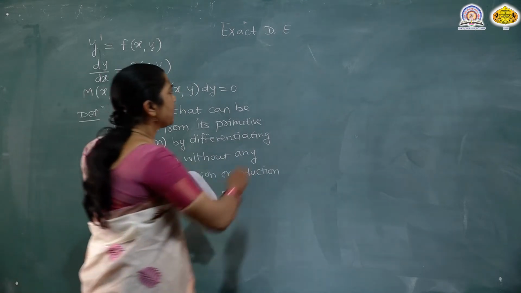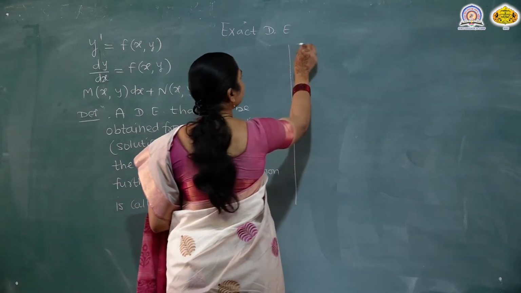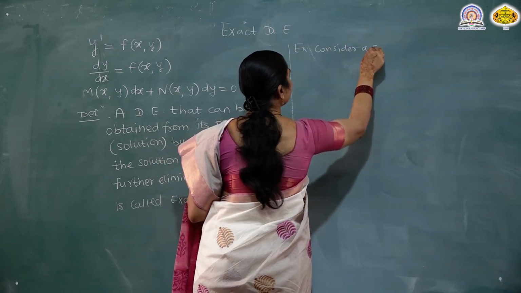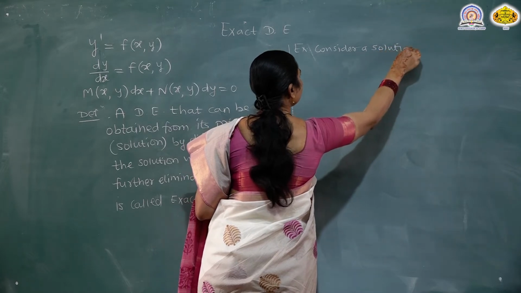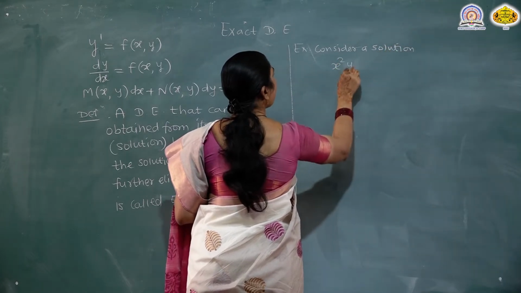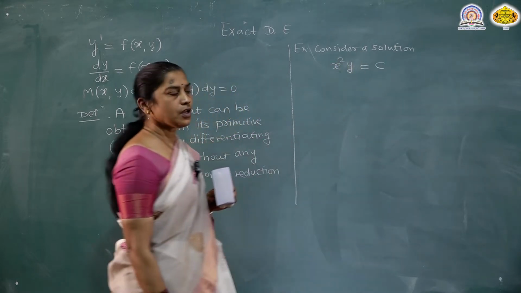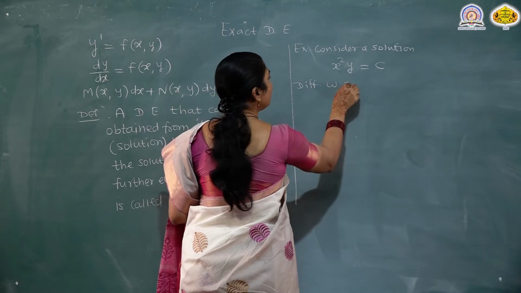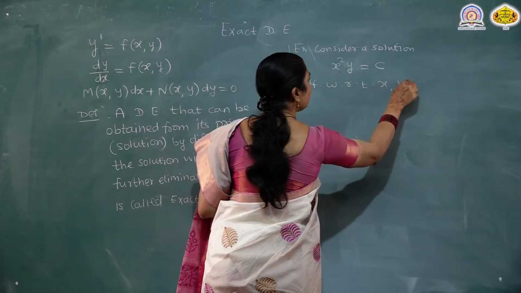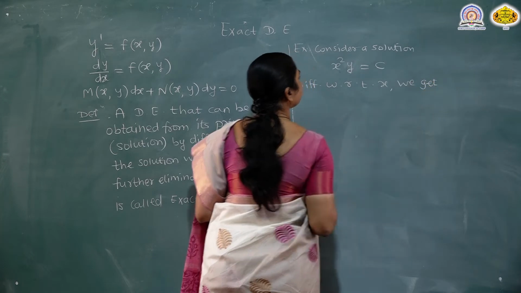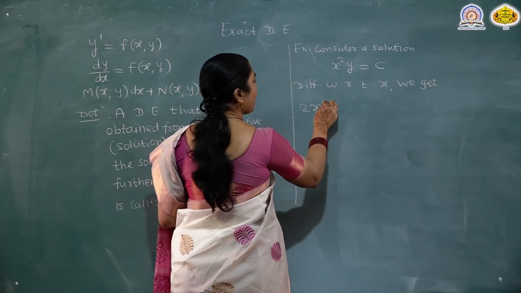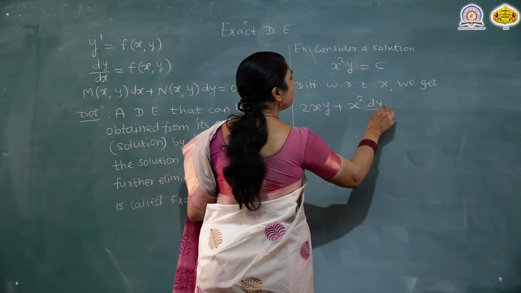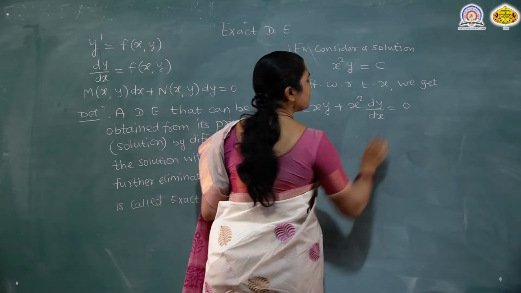Now, what is the meaning of this? For example, consider a solution x square y equal to c. If you differentiate this with respect to x, we get 2xy plus x square dy by dx equal to 0.